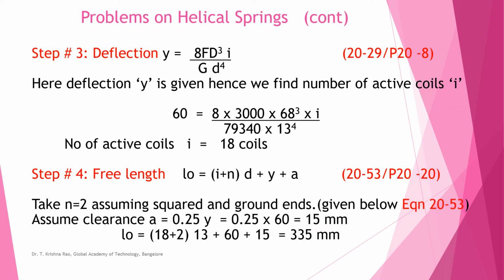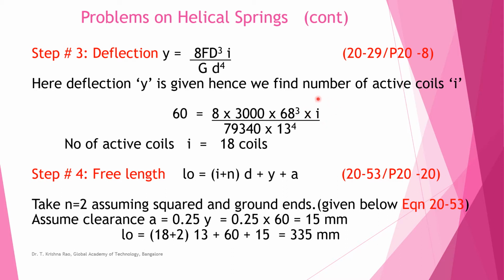Then step number 3. We have deflection y equation, 8 F D cube i by G d power 4, given in page number 8, equation 20.29. This equation is interrelated with y and i. Sometimes we want deflection of 60 mm. How many coils should I use to get the deflection?